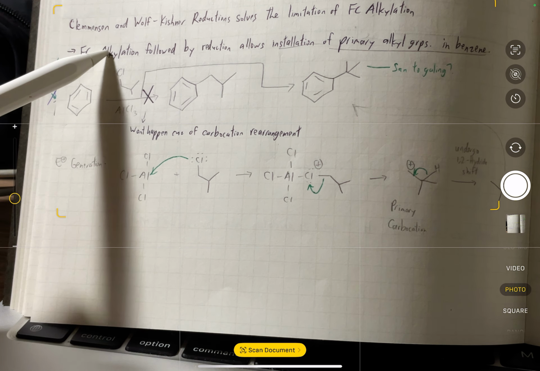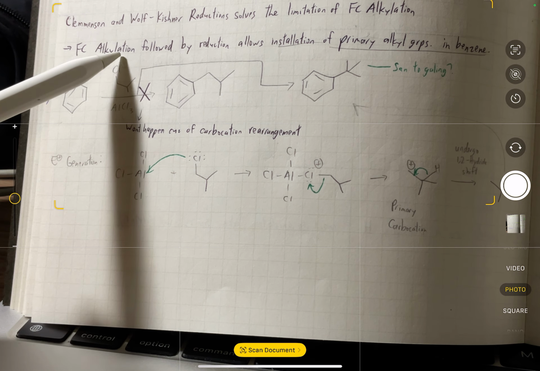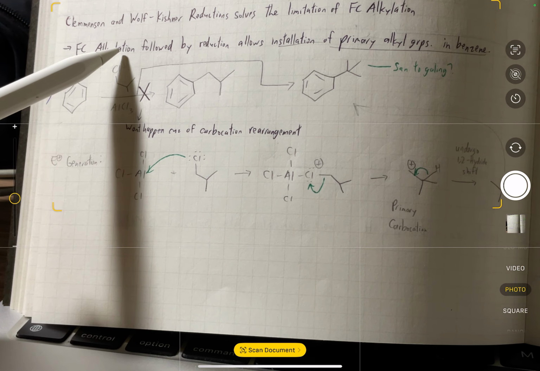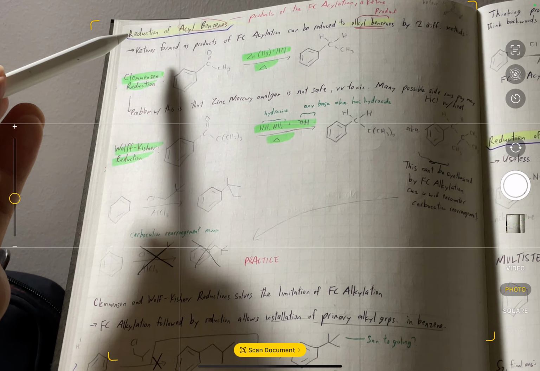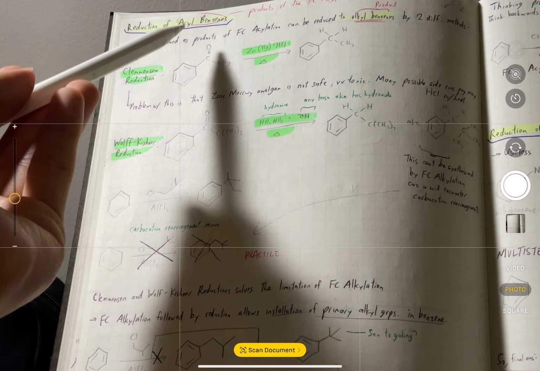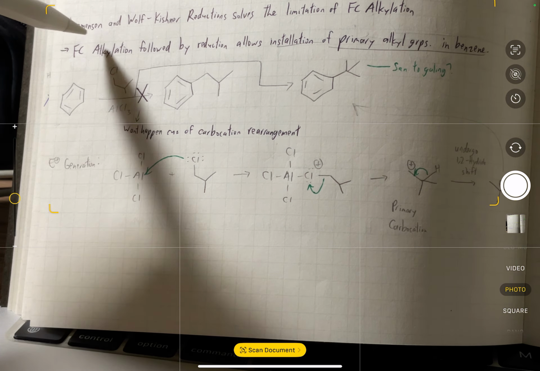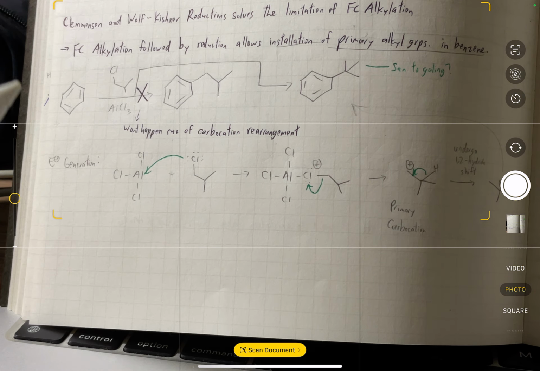I'm going to have to fact check this because as far as I understand, it's supposed to be acylation. By definition, ketones formed as products of FC acylation can be reduced. It's not referring to the products of alkylation. I think there's a typo here. This is supposed to be acylation.